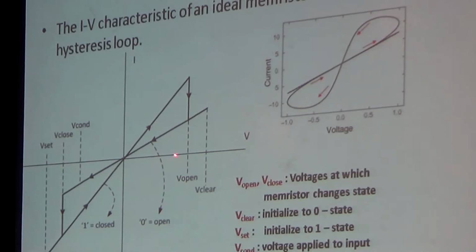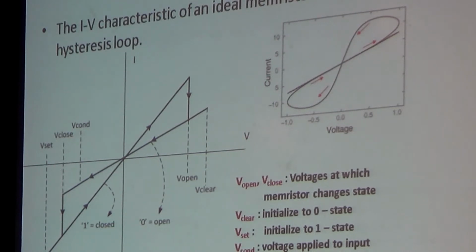Let's say a voltage beyond this point is called V clear. V clear can be used to switch it from on to off, and V set can be used to switch it from off to on, and let V con be some intermediate voltage which is not sufficient to switch. This is the characteristic curve of a memristor device.